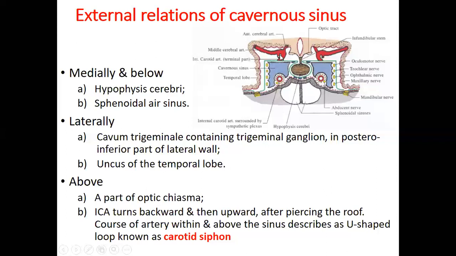Above, you will get the optic chiasma, optic tract, and internal carotid artery. This artery turns backward, then upward after piercing the roof, and the course of the artery within and above the sinus describes a U-shaped loop known as the carotid siphon.